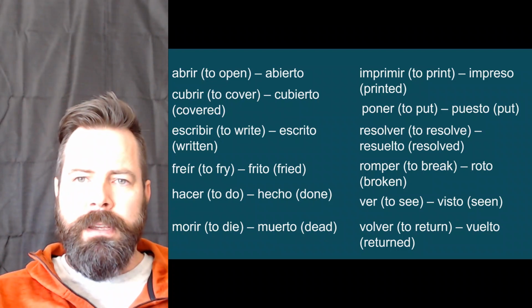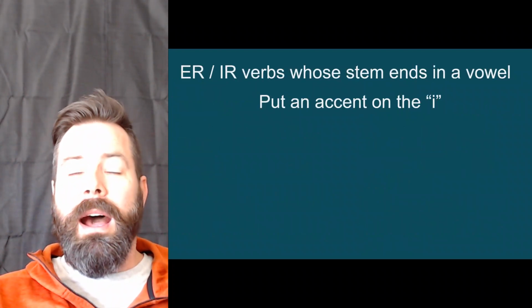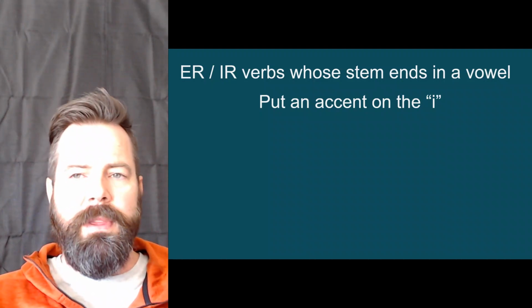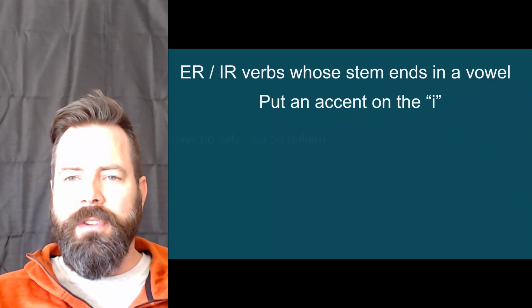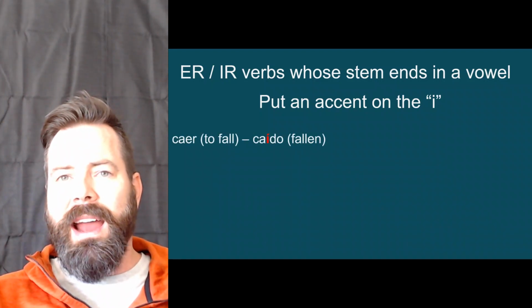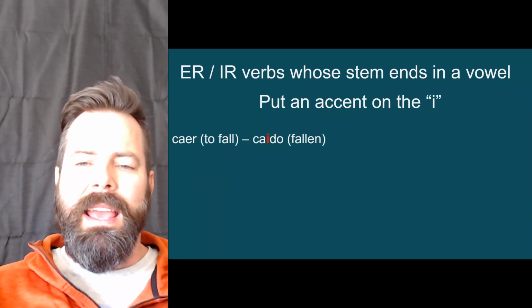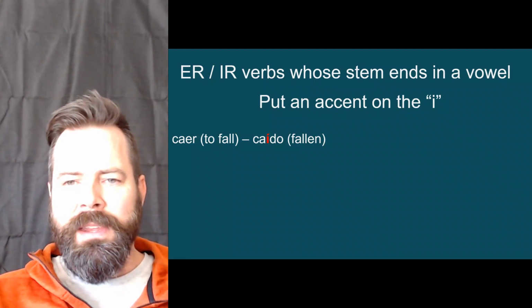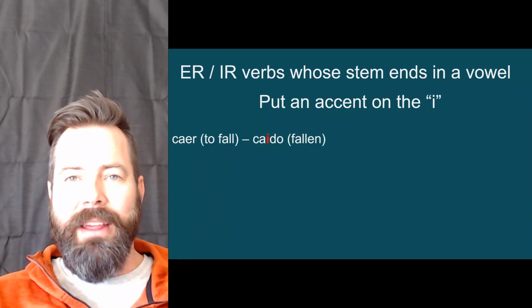Okay. There are some other irregulars that you need to be aware of, and those are the ones where you have an ER or IR verb and the stem ends in a vowel. So, for example, caer would be caído. You got to put an accent on that I, and the reason for that is because A and I become a diphthong, so they become one syllable. If you don't have that accent, it would be one syllable, and that's not how you say it.